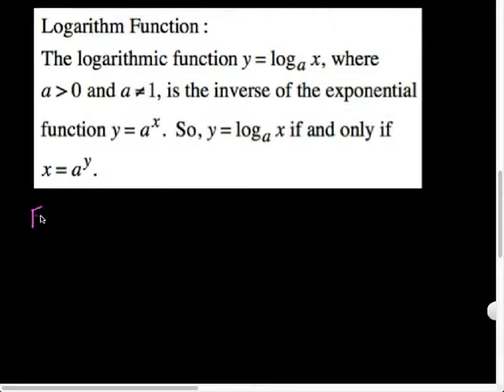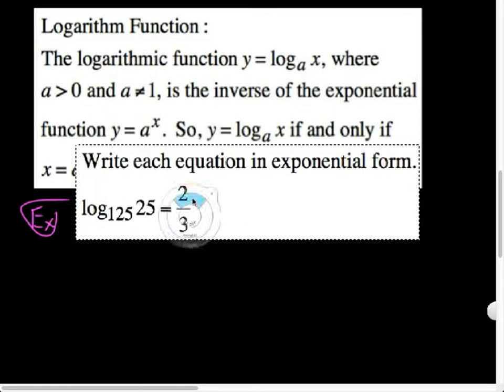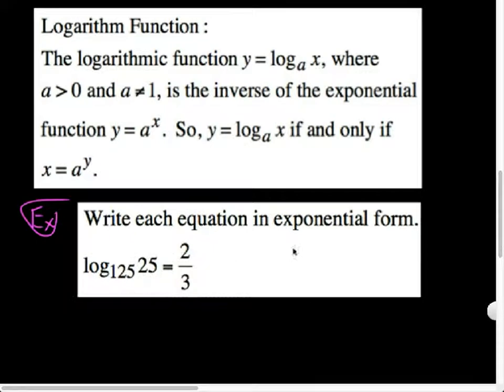So here we are. Write each equation in exponential form. Here I've got what would be read as log base 125 of 25 equals 2/3.